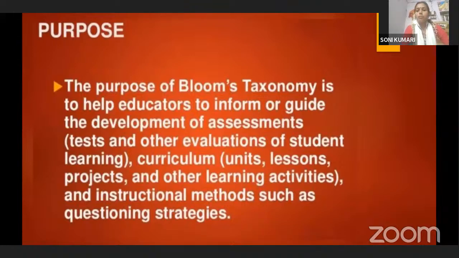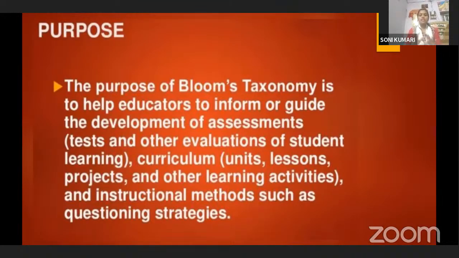The purpose of Bloom's taxonomy is to help educators inform or guide the development of assessments, that is, tests and other evaluations of a student's learning, curriculum, units, lessons, projects, and other learning activities, and instruction methods such as questioning strategies. It means we can improve ourselves and enhance the way of teaching.